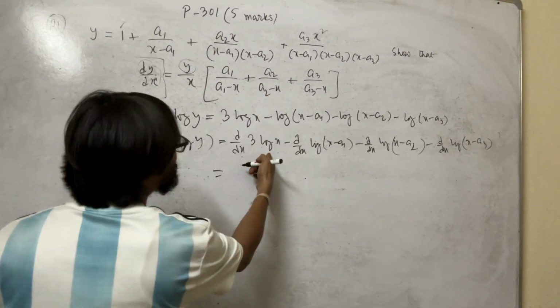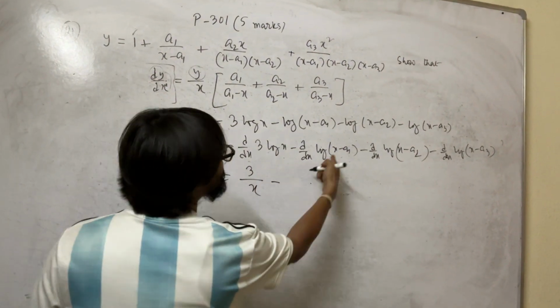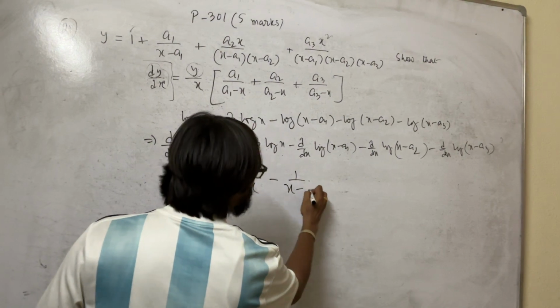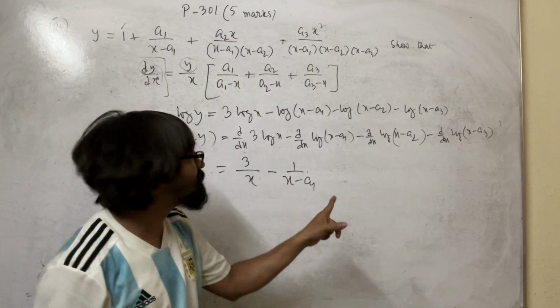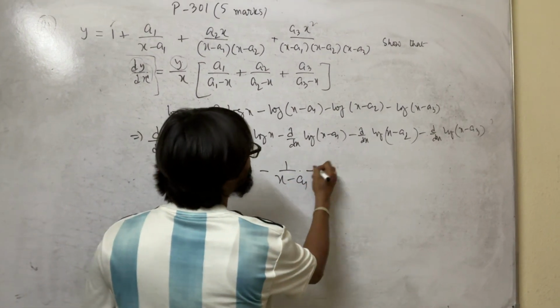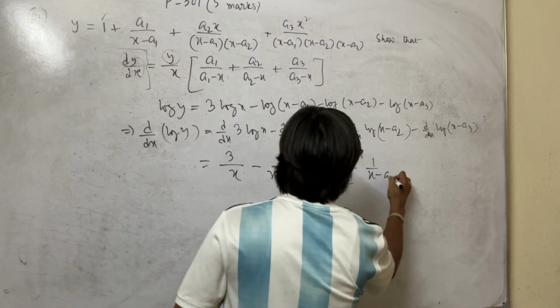Very nice. Now this gives me 3 comes out as constant, 3 by x, minus d/dx of log (x minus a1) would be 1 by (x minus a1), and we do further the chain rule, d/dx of (x minus a1), which is 1. So I am not doing that. So this is 1 by (x minus a1), minus same thing 1 by (x minus a2) and same thing 1 by (x minus a3).